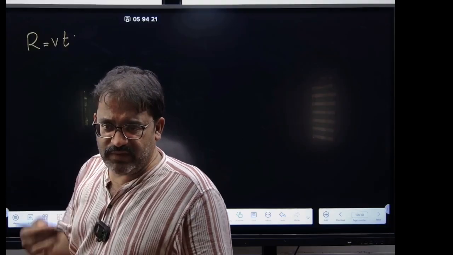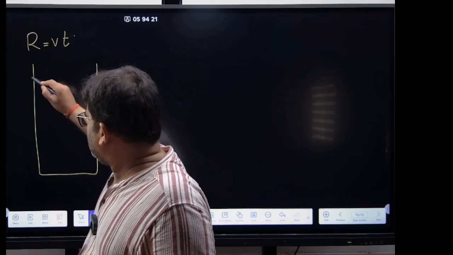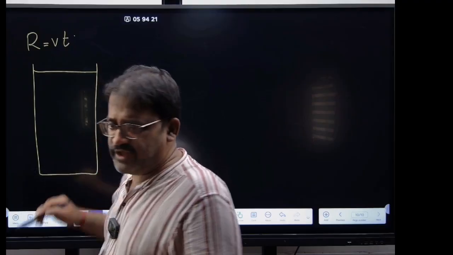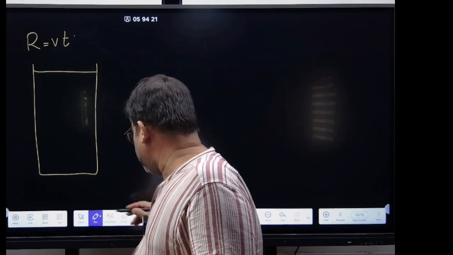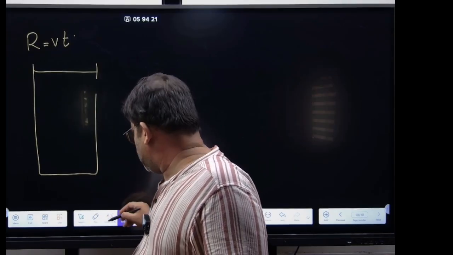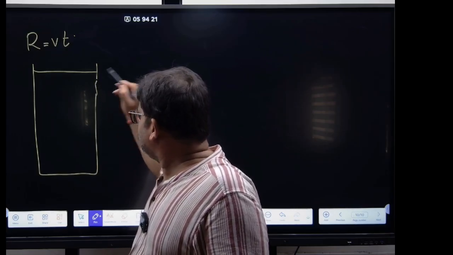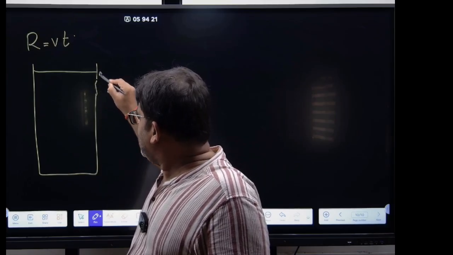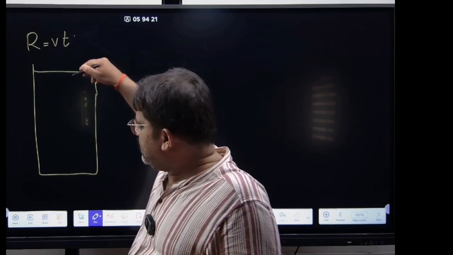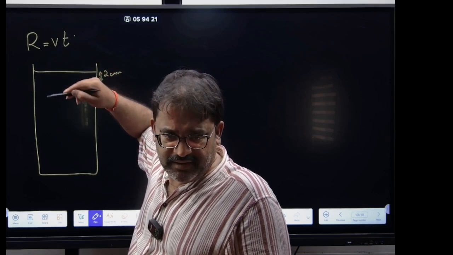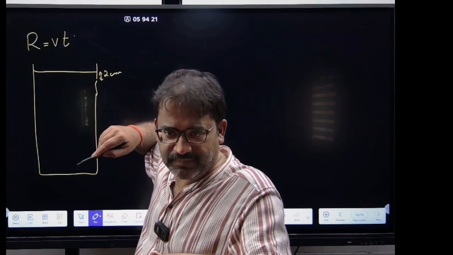Now pay attention here very carefully and let me solve it. So this is, we can say, the top of the liquid. Correct? Now according to the question, children, a small hole is present at a depth of 2 centimeter from the top of the liquid. Correct? Isn't it? Yeah, Buddha. Is it correct?